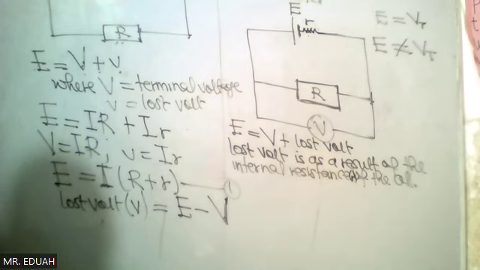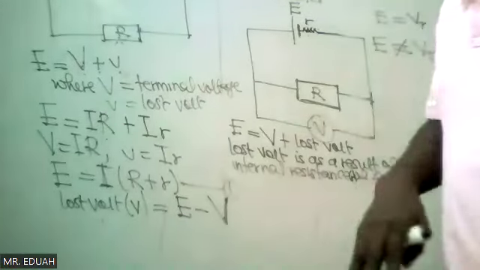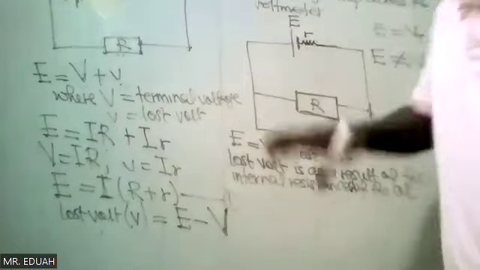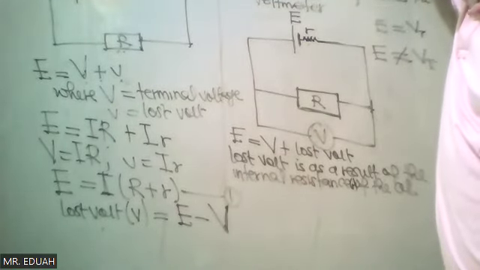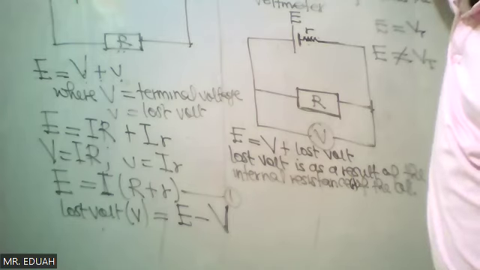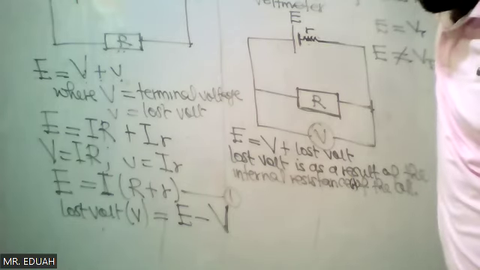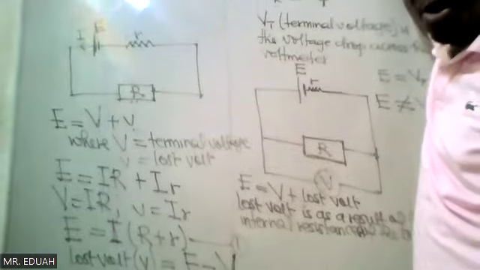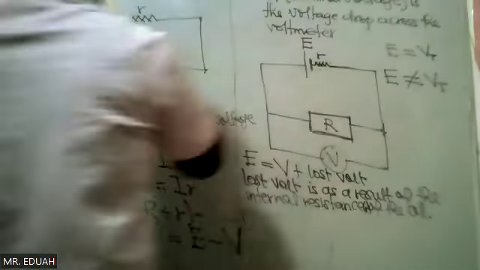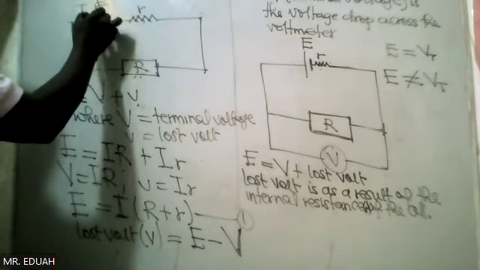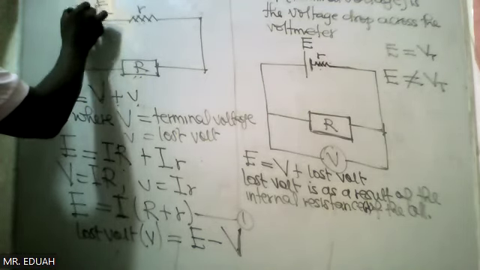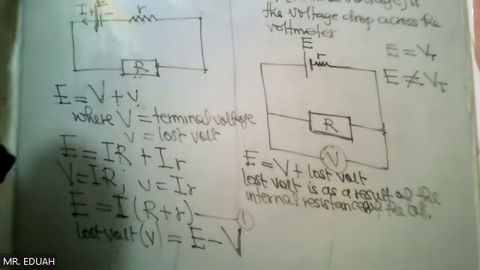Now, what is EMF of a cell? We define the EMF of a cell as the work done in carrying a unit charge from the lower potential of a cell to the higher potential. This is the lower potential, negative, and this is the higher potential, positive.